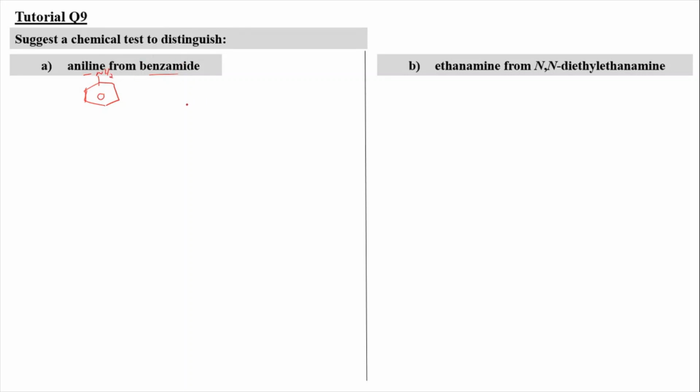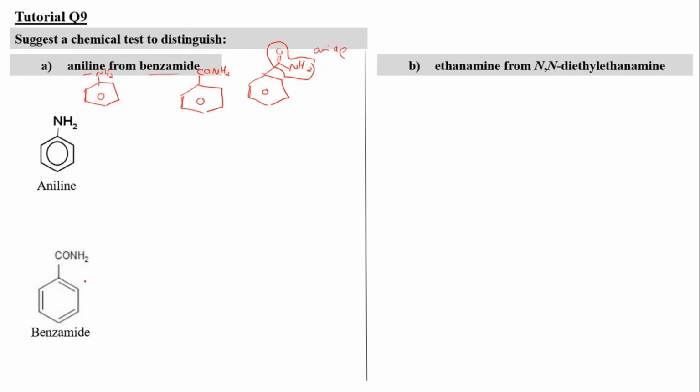Meanwhile, benzamide is basically a benzene that is attached with an amide group, which is CONH2, or you can draw it as a benzene ring, C double bond O, NH2, which refers to the amide group. Now we're going to suggest a chemical test for both aniline as well as benzamide.